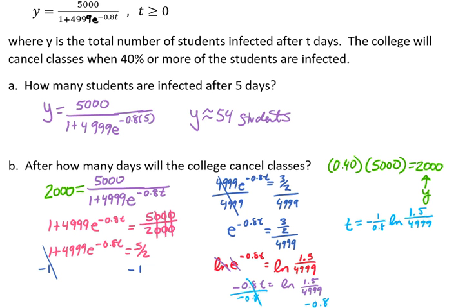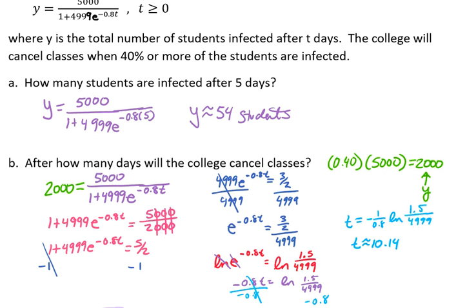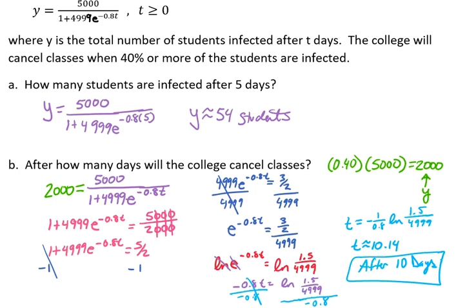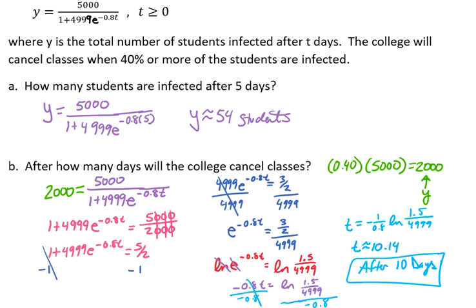Doing that allows us to get t equals negative 1 divided by 0.8 times the natural log of 1.5 divided by 4,999. When we plug that into our calculator, we get that t is approximately 10.14, which means that about after 10 days, the college will cancel classes. And so that's an example of a logistic growth model.